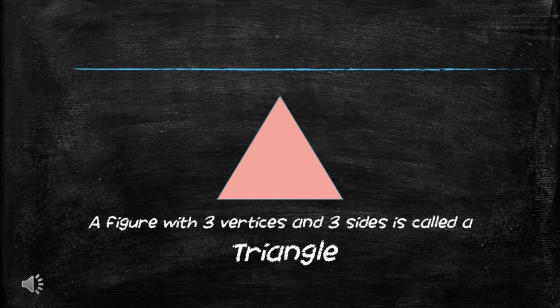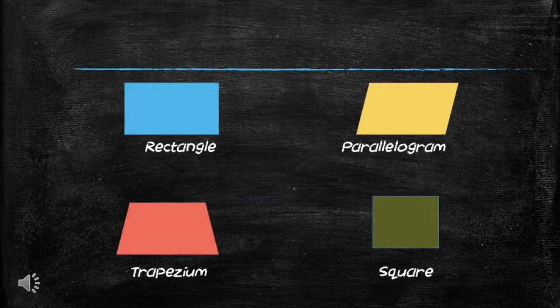So, what do you mean by a triangle? A figure with three vertices and three sides is called a triangle. Now, you can see various geometric shapes on the slide. What are they? A rectangle, a parallelogram, a trapezium, and a square. What are the common features of these shapes?